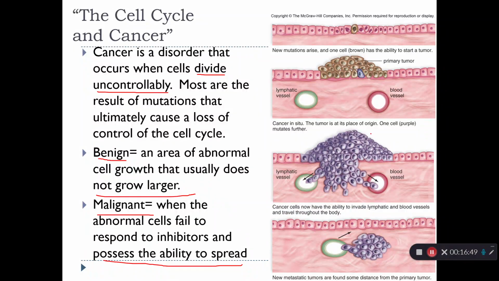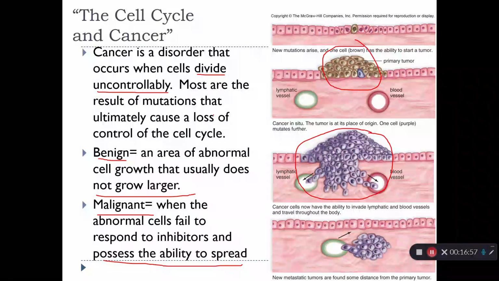This is a picture of a malignant tumor, and this is a picture of a benign tumor. There's the new cell, and you can see the cancer is spreading in that last one.